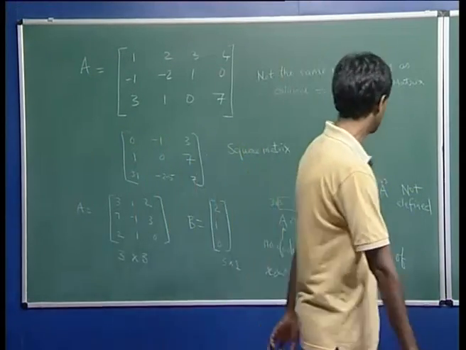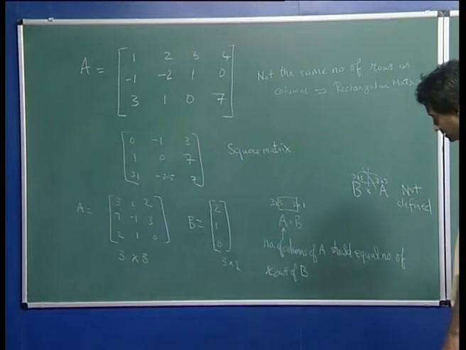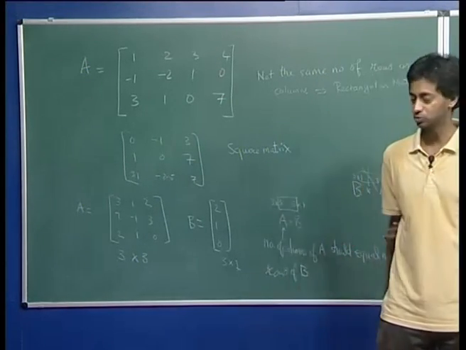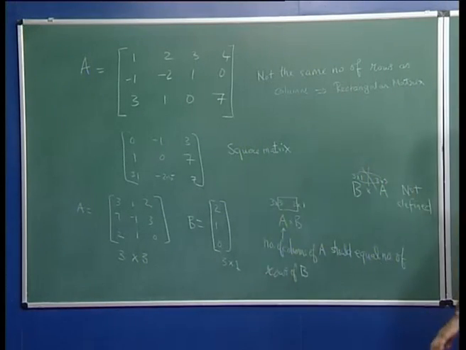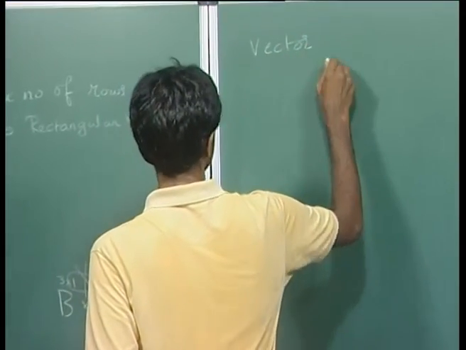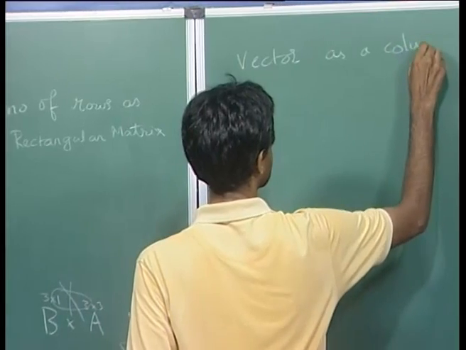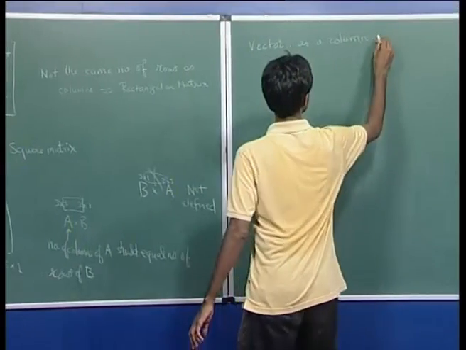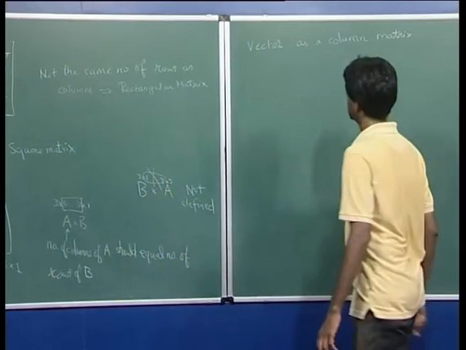Okay. Now, once you have this definition of matrices, then there is another useful way to look at matrices. Now, in this way you can think of a vector as a column matrix. Okay.